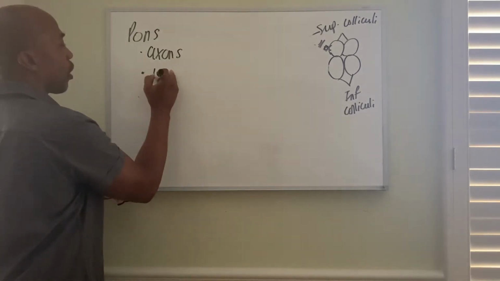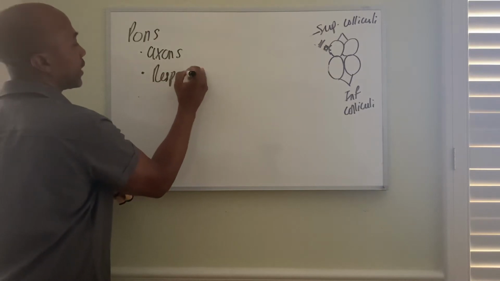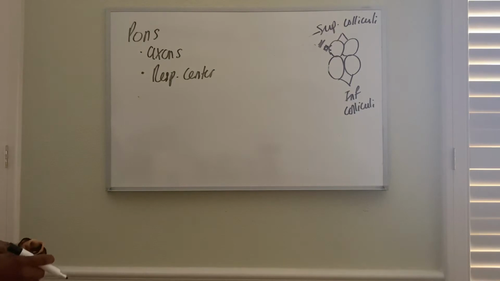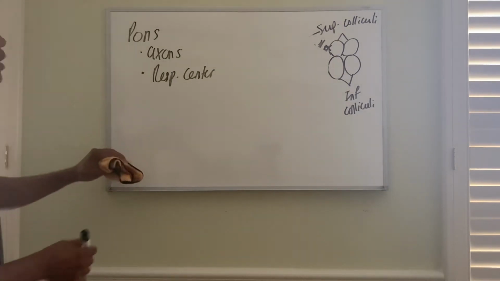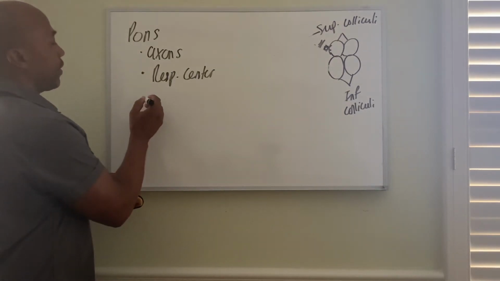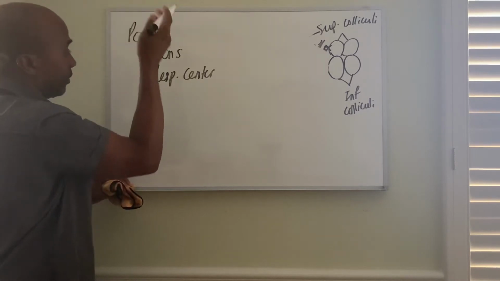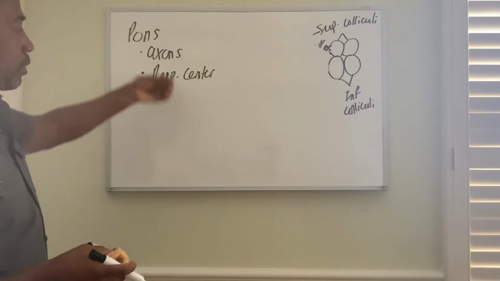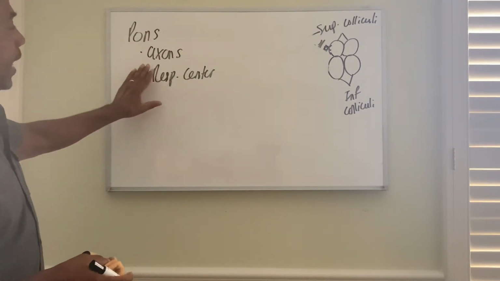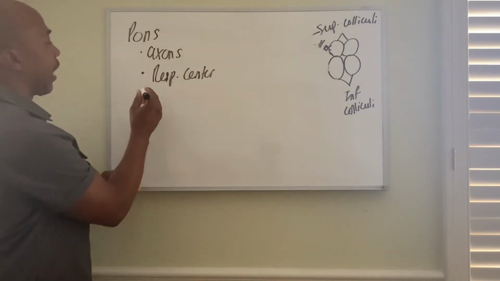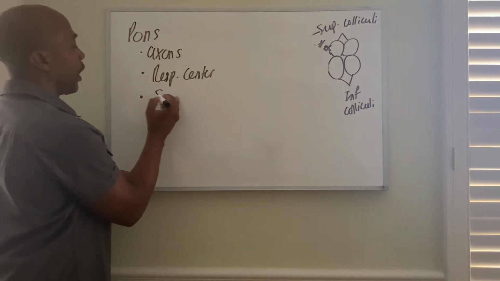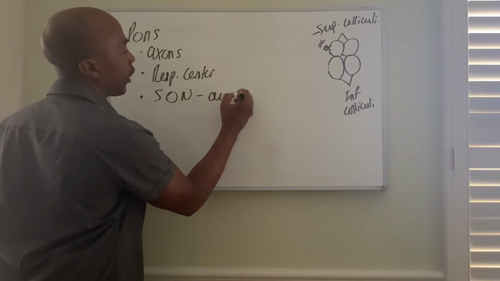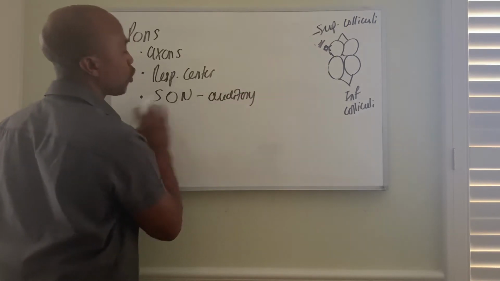It's part of what's called your respiratory center. Helps to control your inhalation and exhalation. Just know that it's made up of axons on the way down towards the medulla, towards the spinal cord, and controls your respiratory center, as well as an area called the superior auditory nucleus used in hearing. So auditory pathways also run through the pons.